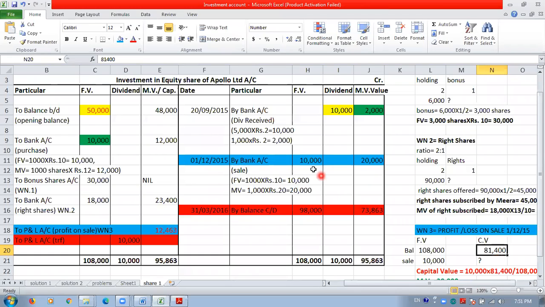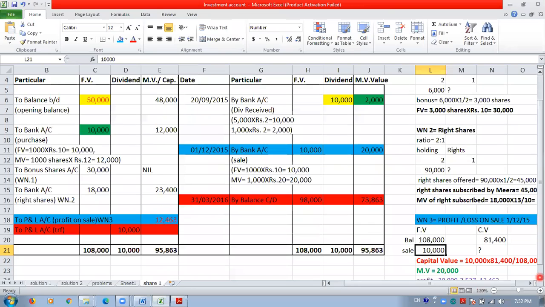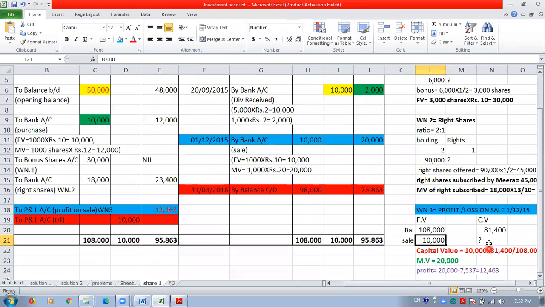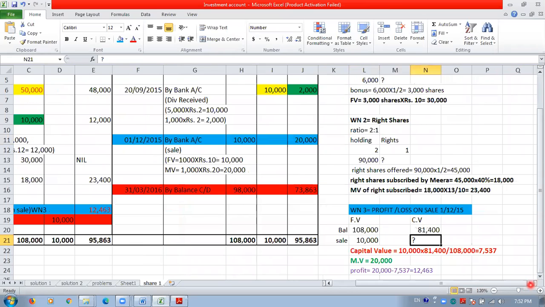Then what about the 10,000 face value? We sell 10,000 shares, so we entered 10,000 face value, but we don't know the cost value. We know the market value is 20,000, but we don't know the cost value. So we have to calculate the cost value with cross multiplication.